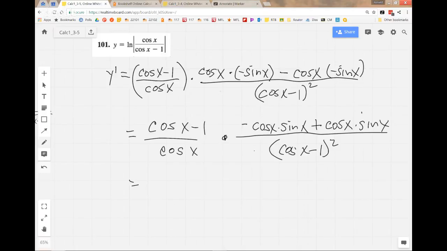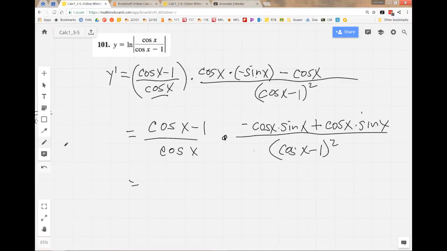So I flipped it upside down, then I took the denominator, cosine, times the derivative of the numerator, minus the sine, minus the numerator. Oh, that's supposed to be cosine x minus 1. Okay, I see I made one little error right up here, and it turns out to be big.